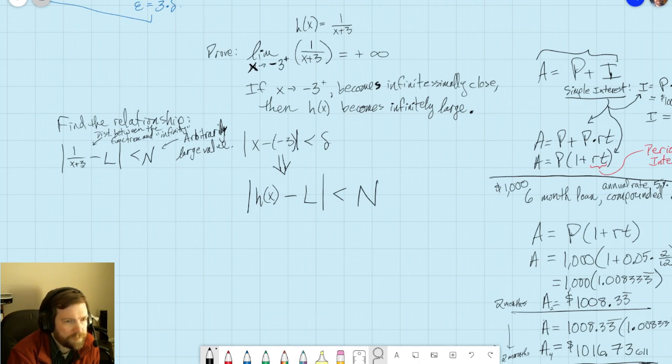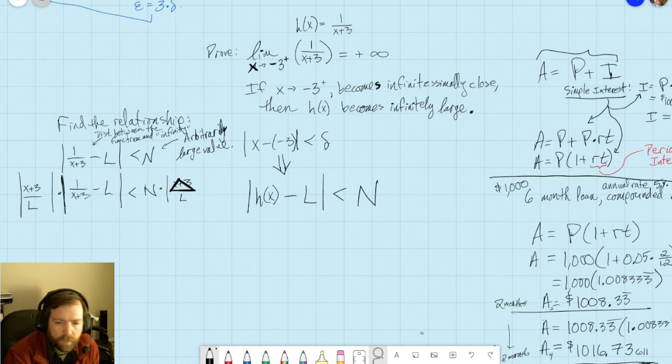Okay, so if we multiply by x plus 3, oh, and divide by L. So if we multiply 1 over x plus 3 minus L, multiply both sides by absolute value of x plus 3 over L. Really?